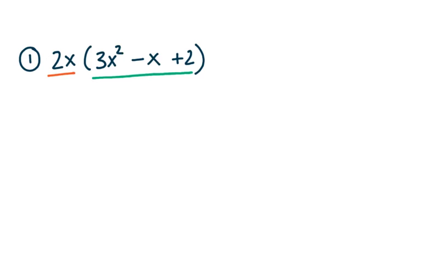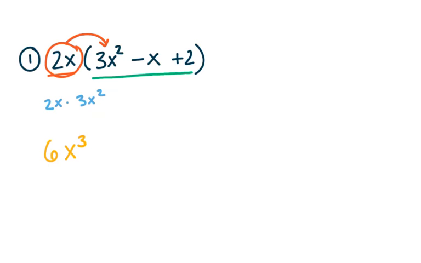So to start off, I would take my 2x and I'm going to multiply it through to my 3x squared, essentially multiplying that together. That would give me a 2x times a 3x squared, which would give me a solution of 6x cubed.